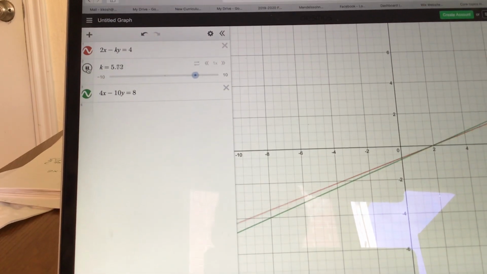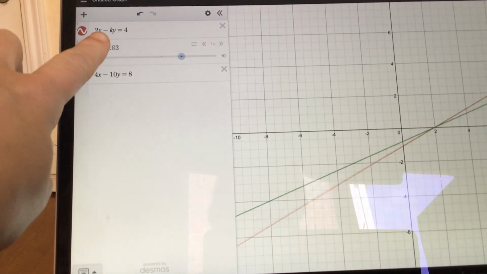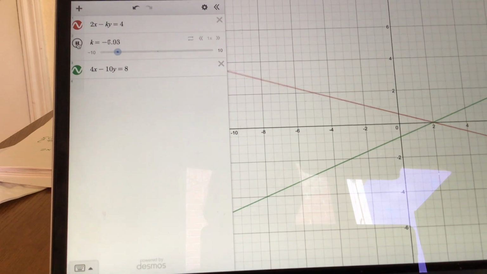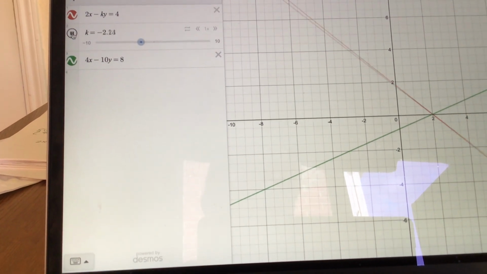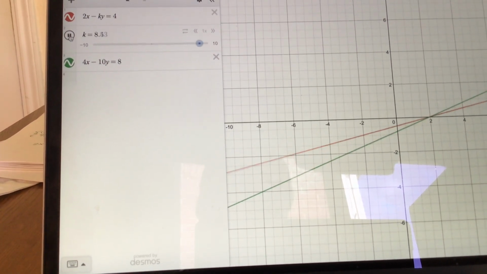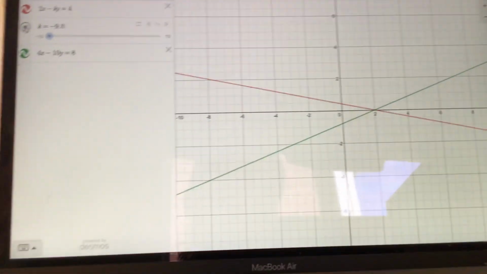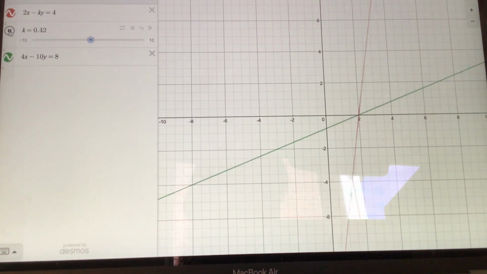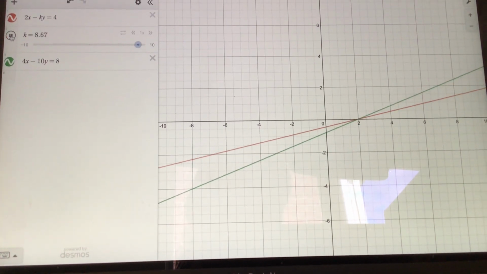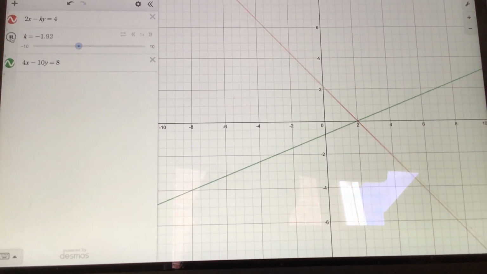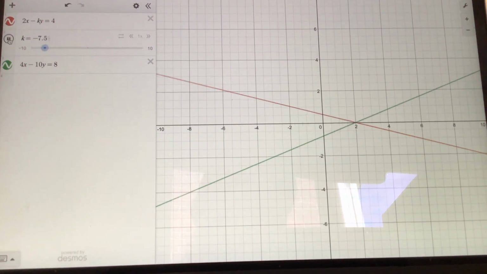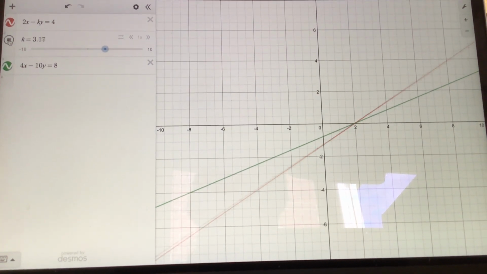The first line is 2x minus ky equals 4, and I let Desmos change the value of that k, and the other equation was 4x minus 10y equals 8. Notice what's happening as it changes: they always have that point of intersection at (2, 0).